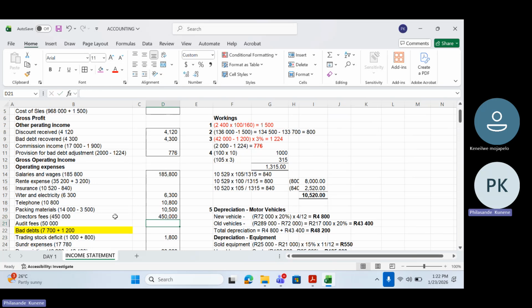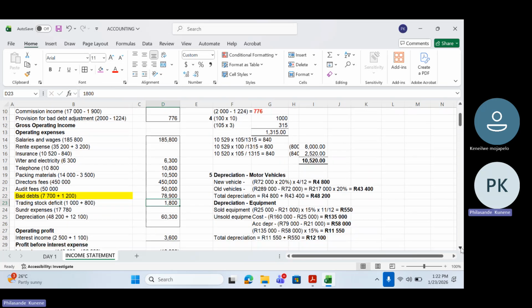Audit fees, 50,000. Bad debt, we close the bracket, we get the total, which is going to be 78,900. And this side, 17,800 expenses must come here as it is.